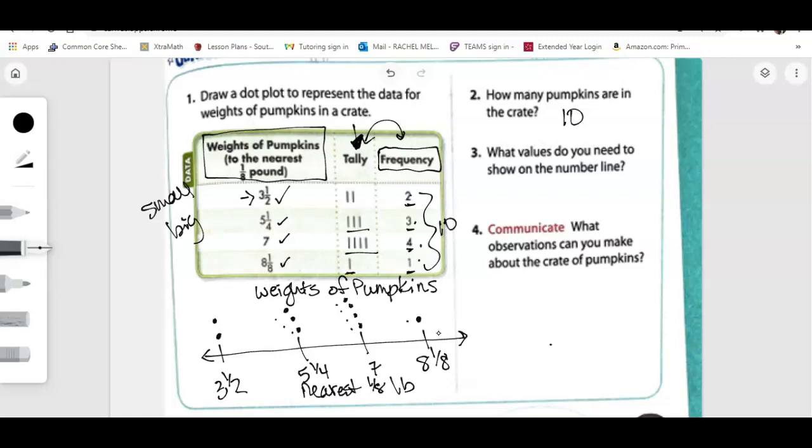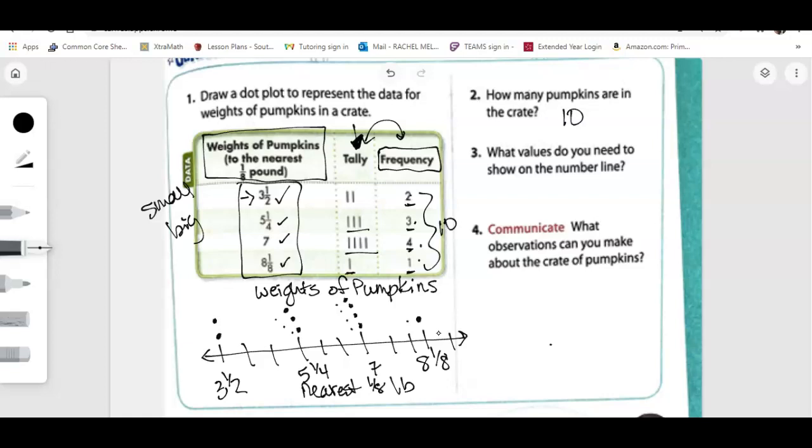And then this says, what values do you need to show on the number line? Well, again, that's these values. These are the weights that we got from those pumpkins, so these are the values that we have to show. We don't necessarily have to have anything else in between them.